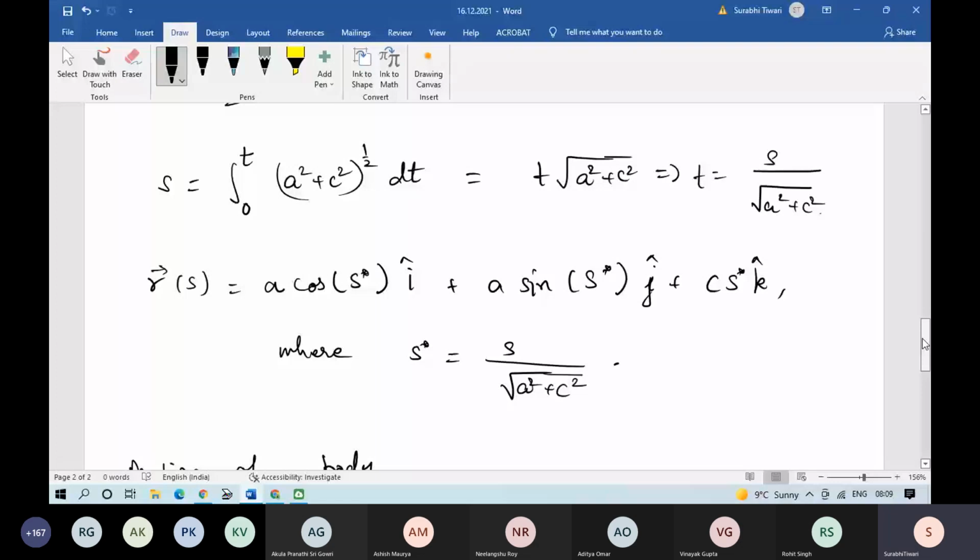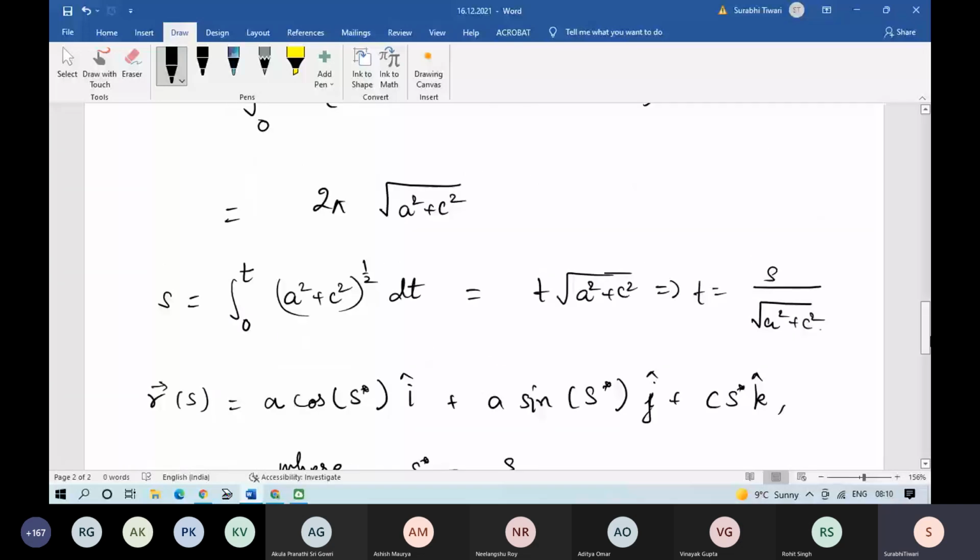This whole process is done only to represent r in terms of s. The procedure is the same for all situations, but the integrand will change in each case depending upon the question.